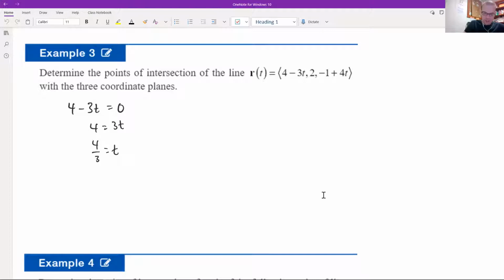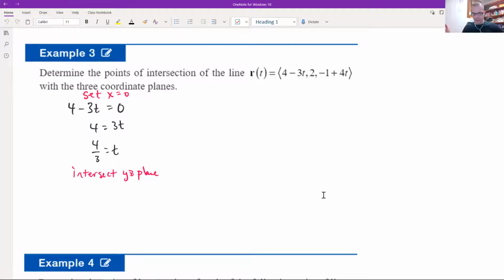So I'll say set x equals 0, that means this is the intersection with the YZ plane. Okay.